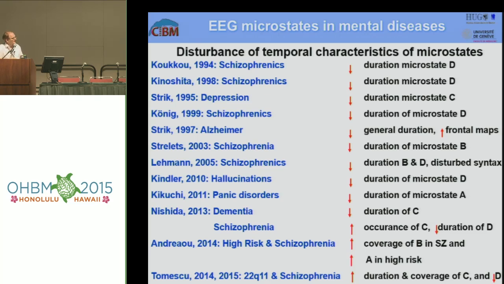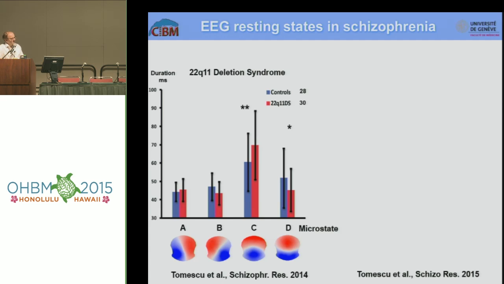I'll show you only one example to end with, a study where we looked at microstates in a population with a genetic malformation, the 22q11 deletion syndrome, which makes them much more vulnerable to develop schizophrenia as adults than normal subjects. About 30% of them develop schizophrenia when they are adults.